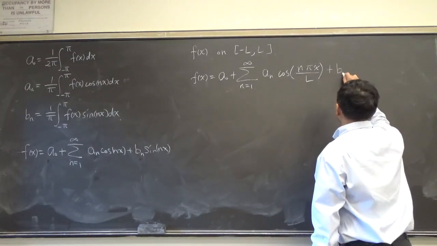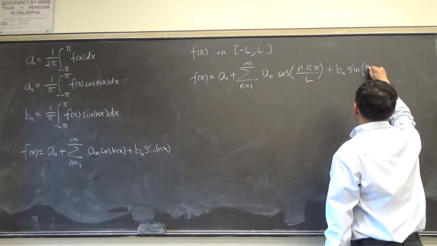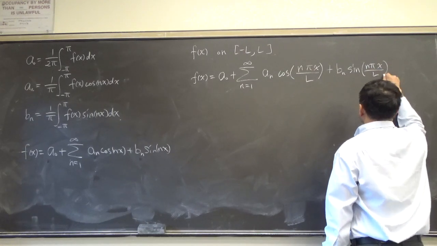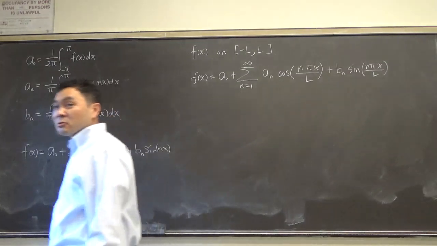And then bn sine n pi x over L. So that will be the formula for f of x, right?